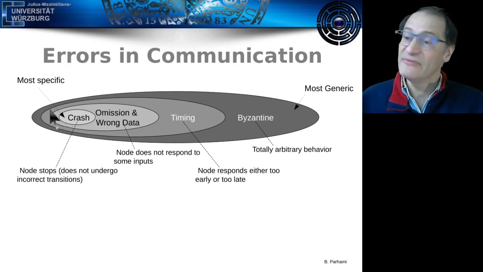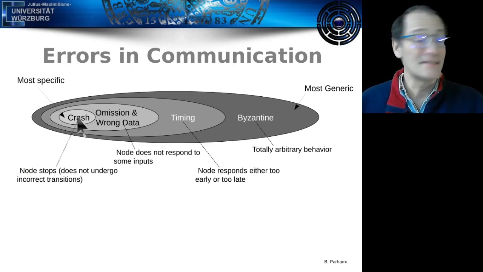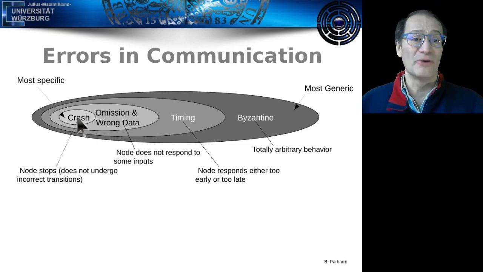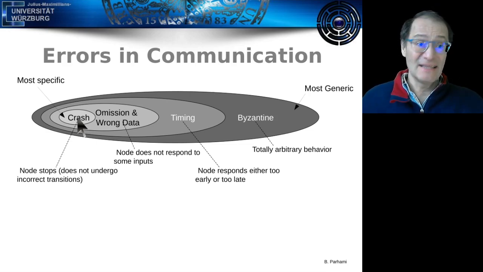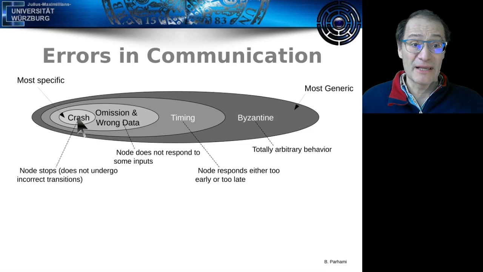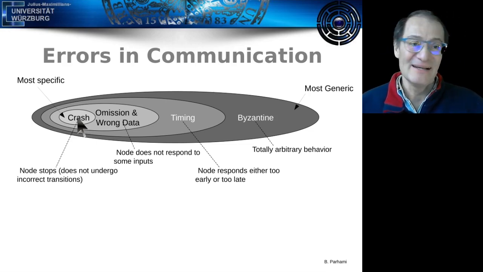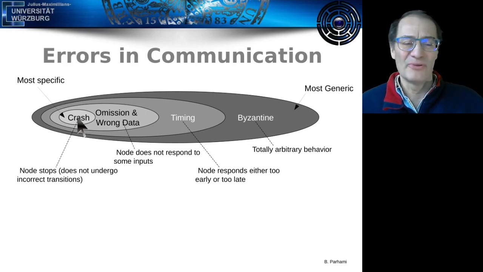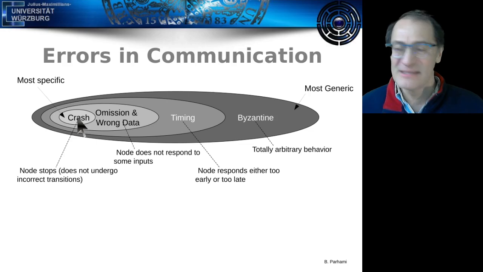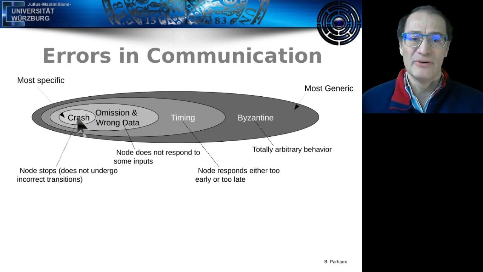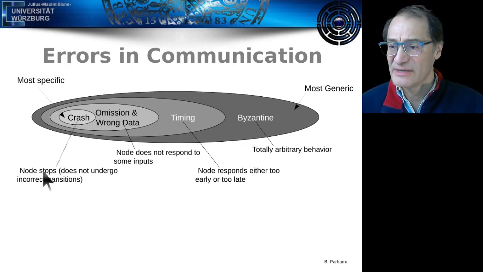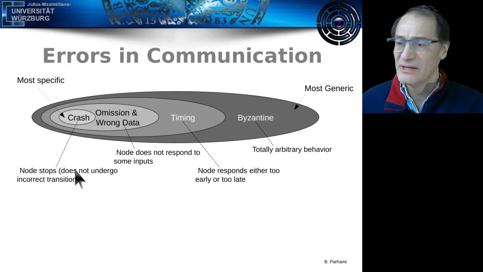The most specific, clear to see and easy to handle is crash. One module is going to crash and stop sending data. So it sends no wrong data, it says absolutely nothing. And this is easy to handle because the module is not responding anymore. We can start another module and continue working. This is the most specific. So the node just stops without undergoing any incorrect transitions.